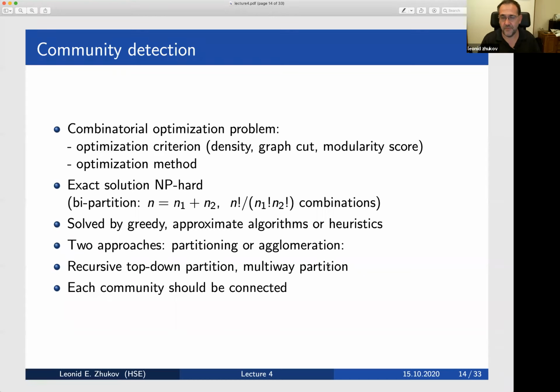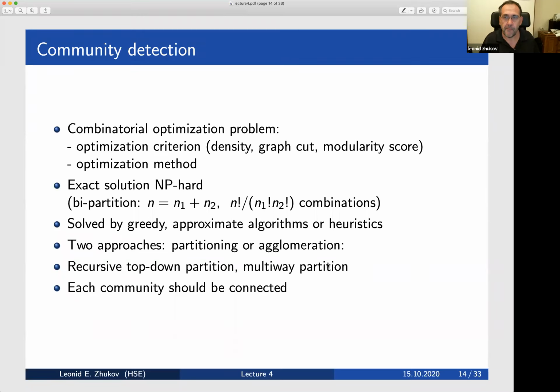Another one is agglomeration, when you say every node in the graph is in its own community, and then you start merging them with each other, the same way agglomerative clustering works, merging until they form communities, and then you stop. In both cases you get this hierarchy: one goes from top down, the other from bottom up, and you can pick a level in this hierarchy to get your communities.